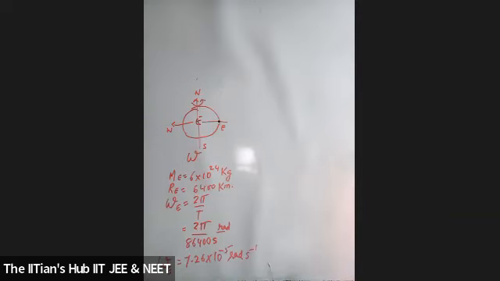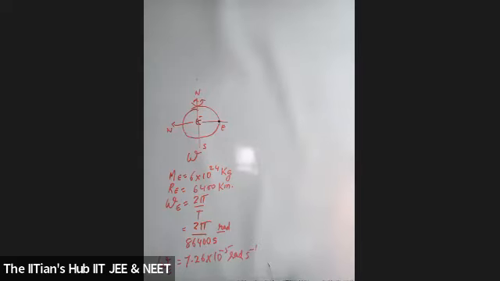So see one thing, these are all observations. If you want to do better in the physics part of it, there's a lot you need to observe around you. If you have one path to travel, and you always travel on that path from your home towards the center, suppose IITian Hub, and one fine day somebody tells you to walk with closed eyes, you will be able to walk.